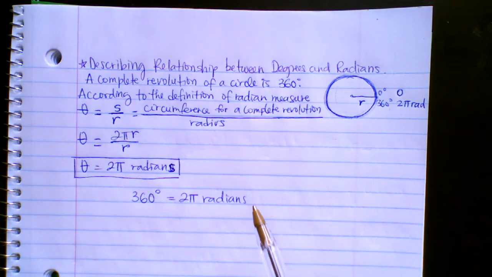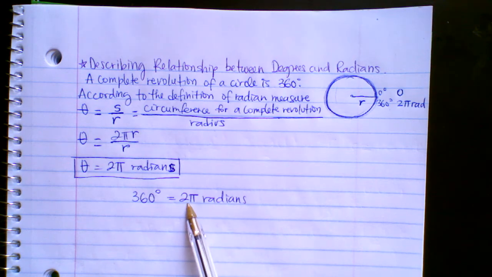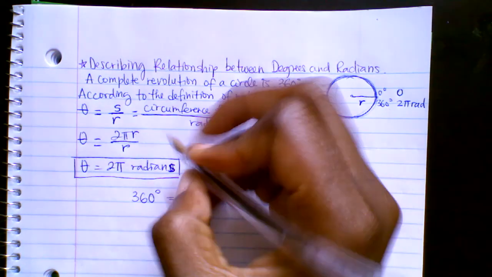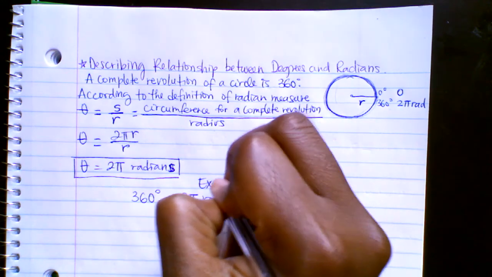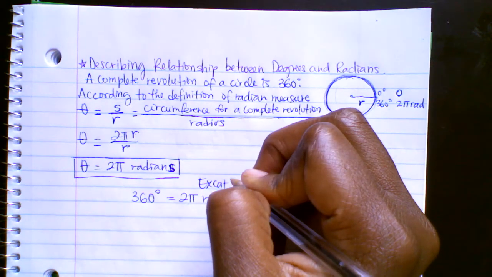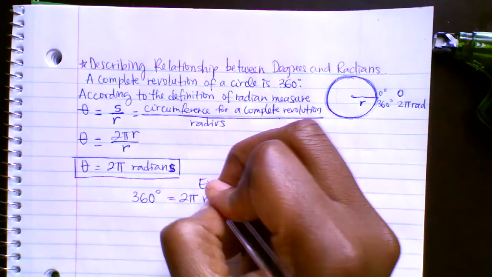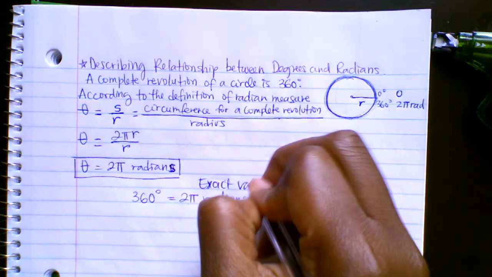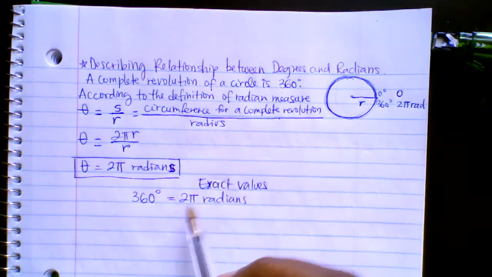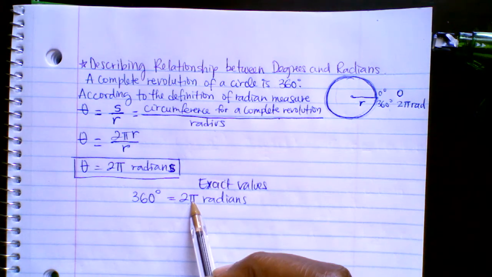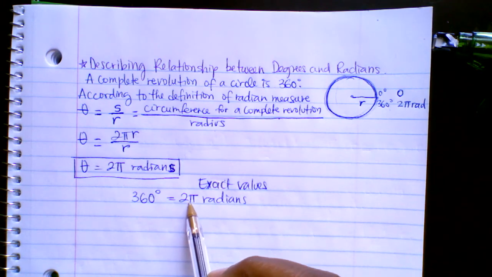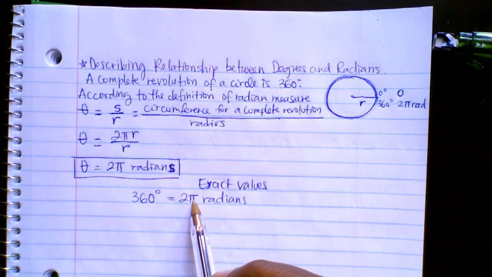And 2 pi radians represents the exact value, because you left the answer in terms of pi. So the exact value for a full rotation is 2 pi. But the approximate value in radians is, you take 2 and multiply by the approximate number for pi, which is 3.14, which gives 6.28 radians.